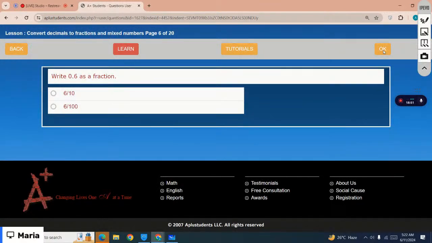Write 0.6 as a fraction. The correct option is 6 by 10.